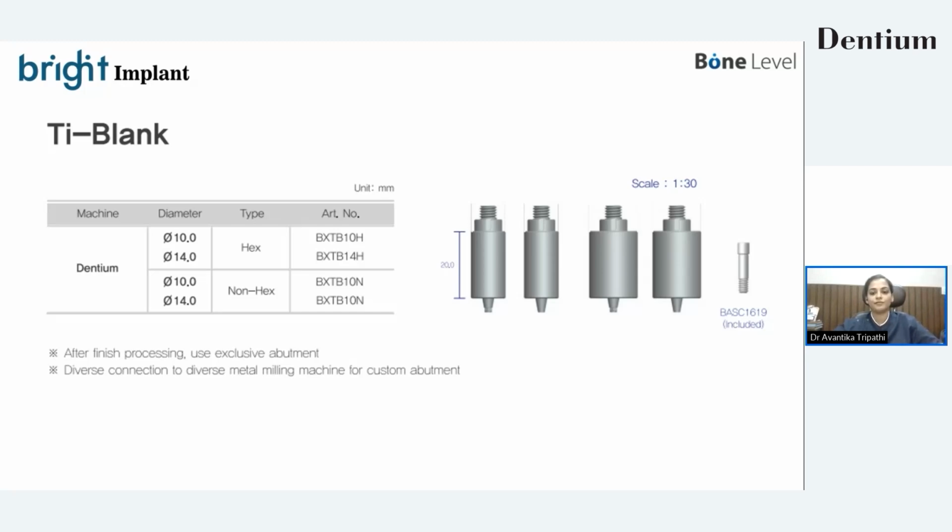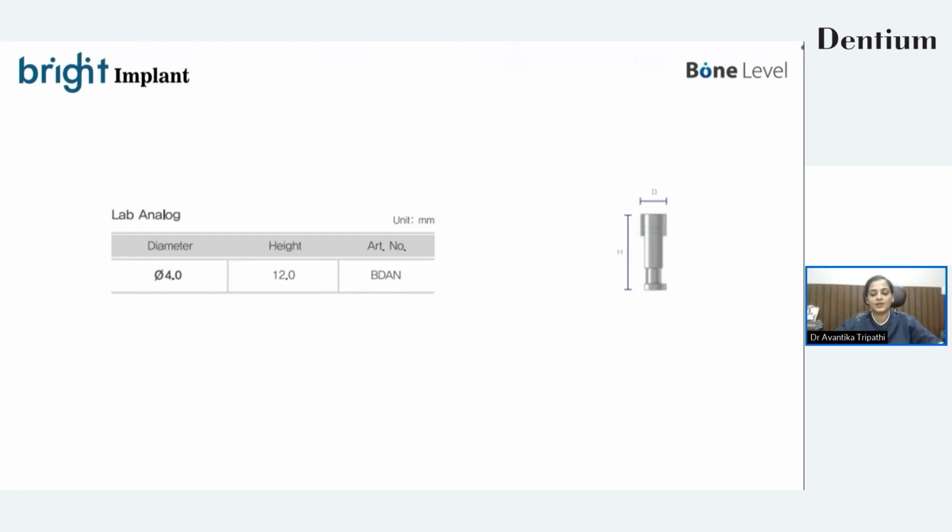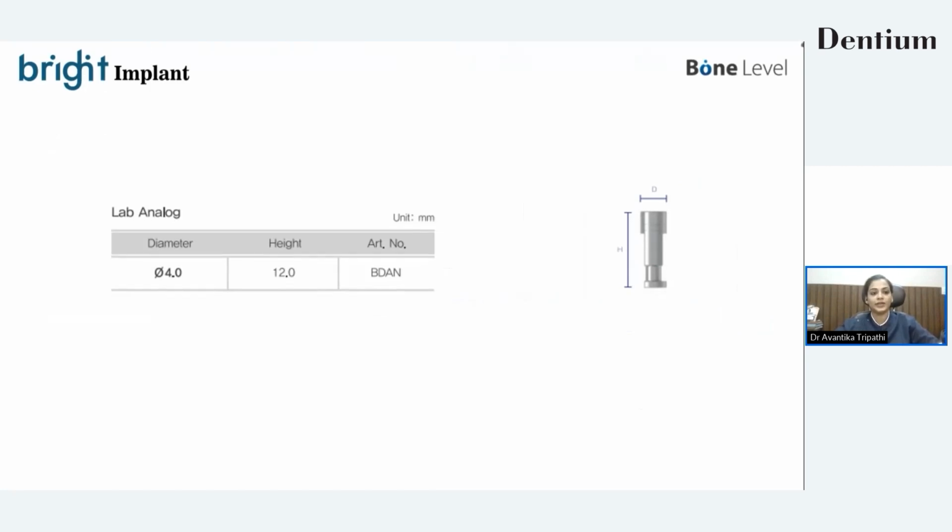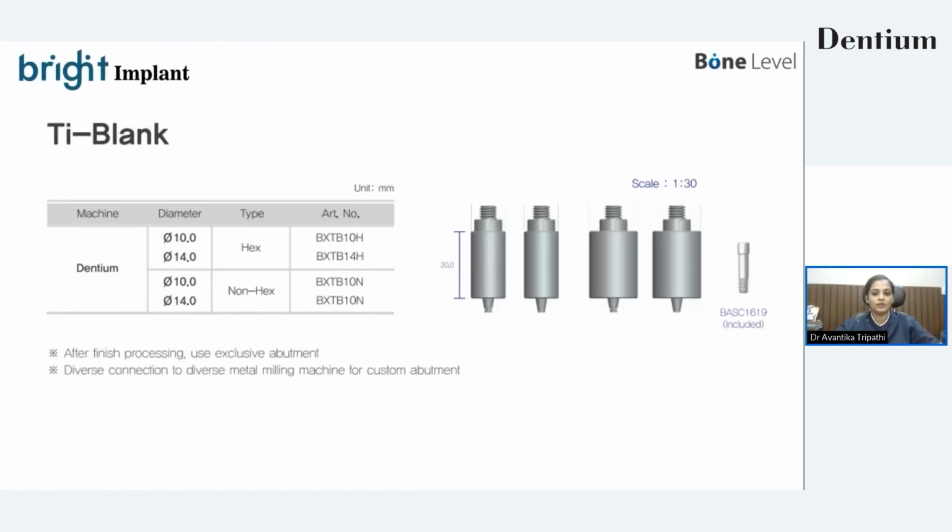If an anterior custom abutment has to be made, then we use the 10 mm diameter. In the posterior, we need a 14, or if more angle is required, we use a broader diameter of TI blank. Angle customization of up to 30 degrees is possible with these TI blanks.